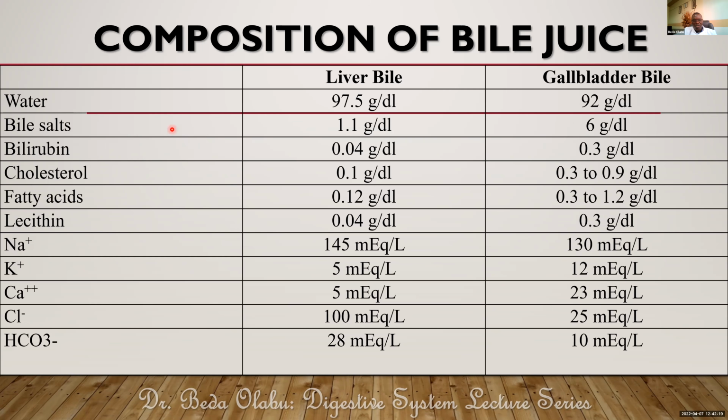That's why the concentration of bile salts has increased. Also, the concentration of bile pigments will have increased. That also applies to the concentration of cholesterol. So there are some things which increase their concentration, and importantly, look at the calcium as well. That's significantly increased because of the concentration function. Bicarbonate reduces because a lot of that is taken back when water is taken back.